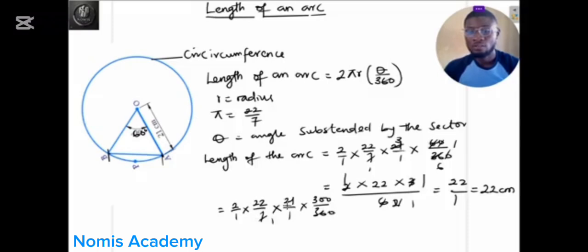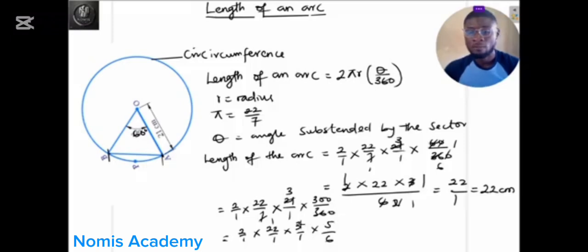So we have 7 here 1, 7 here 3. So we have 2 over 1 multiplied by 22 over 1 multiplied by 3 over 1 multiplied by 5 over 6.